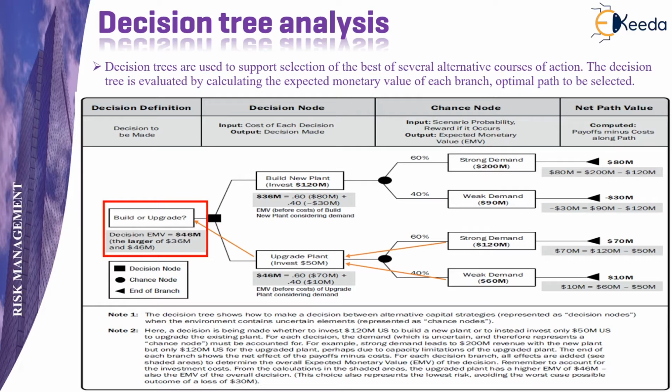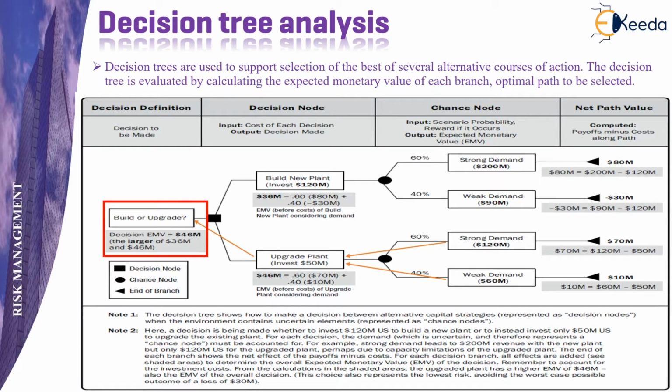In this decision tree analysis example, a decision has to be made whether a person must invest 120 million US dollars to build a new plant, it can be an automobile plant, or invest just $50 million to only upgrade the plant to increase its production capacity. The chances that the venture or the factory of creating automobiles will be successful is 60%, and that of failure is 40%.